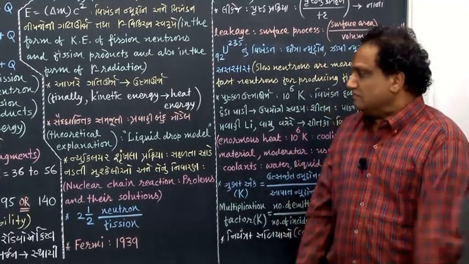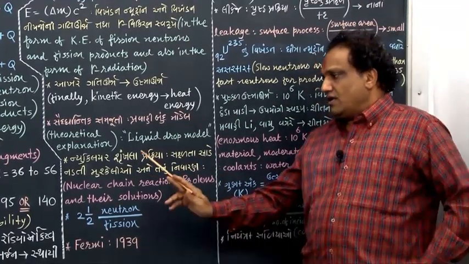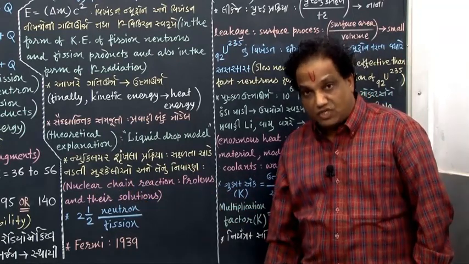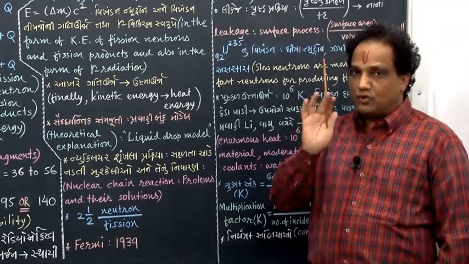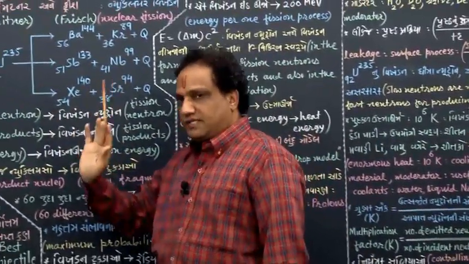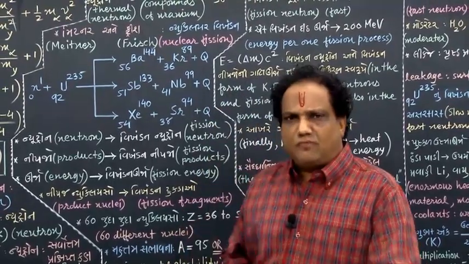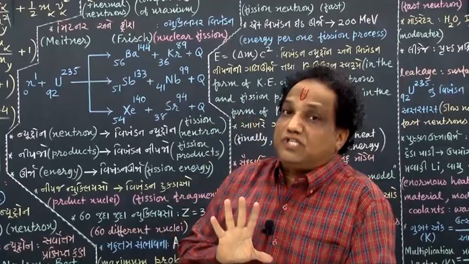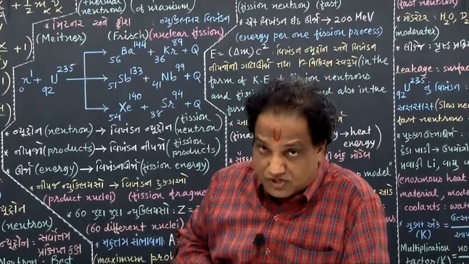Okay, fine. Now let us see what is called a nuclear chain reaction. I am showing you. See, out of fission of a uranium nucleus, in some of the fission processes we get 2 neutrons. In some we get 3 neutrons per fission.